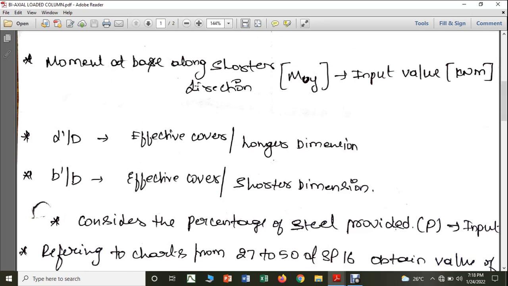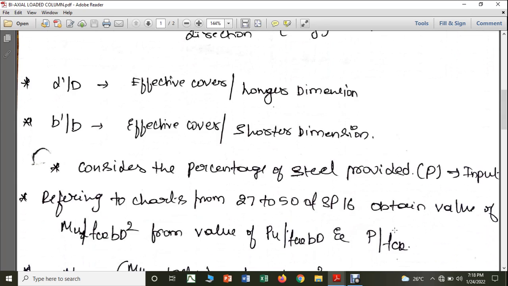Now, by knowing the percentage of steel you can find out the P by FCK value.